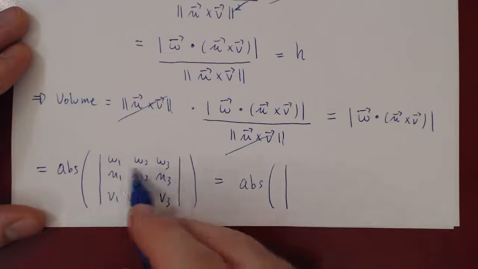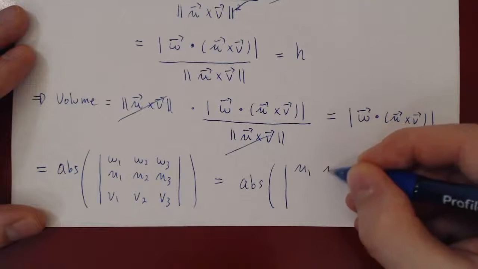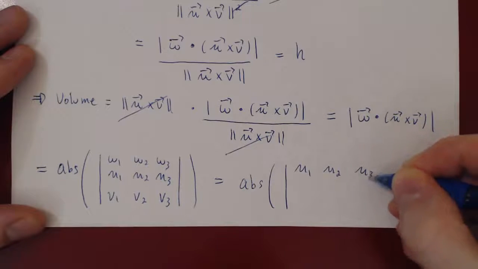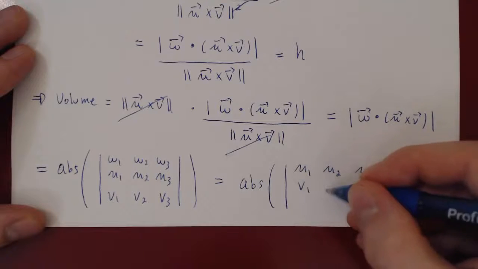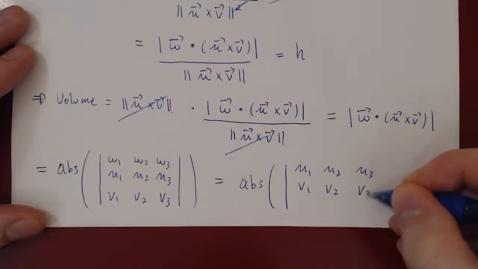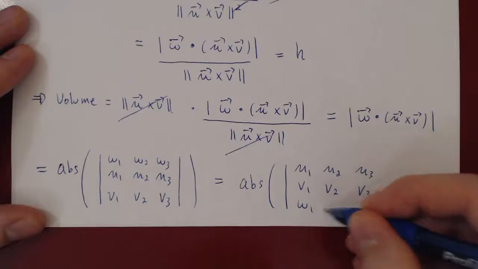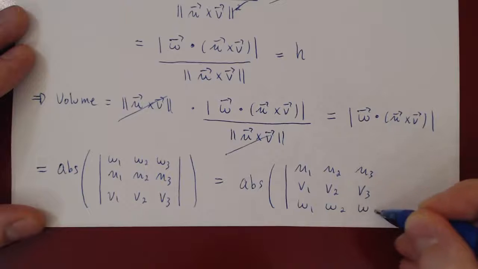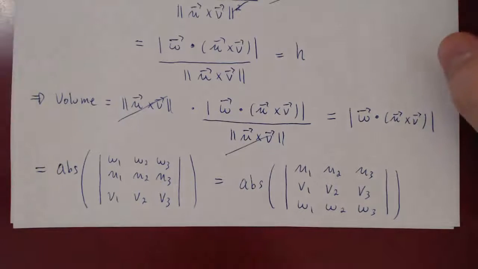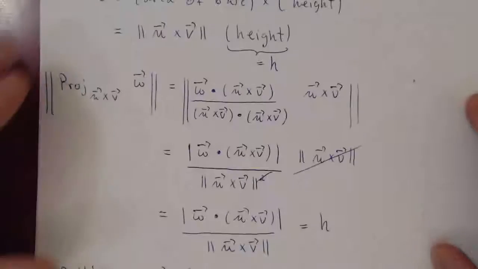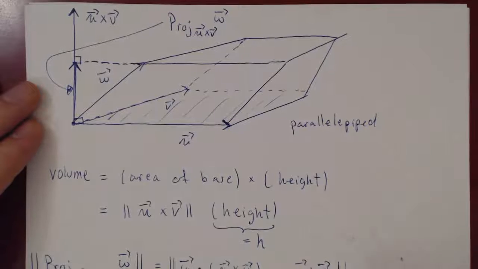I will move the second row to the first row, so U1, U2, U3. The third row in the place of the second, so V1, V2, V3. And the first row, I'll move to the bottom third row, so W1, W2, and W3. And now we have our result. And look how elegant it is. It took a bit of work to derive, but the conclusion is remarkably simple.